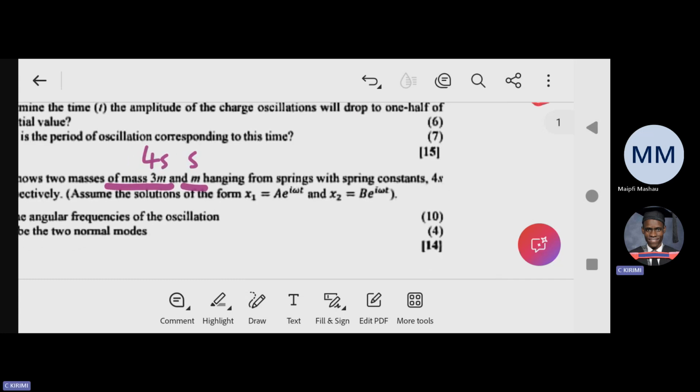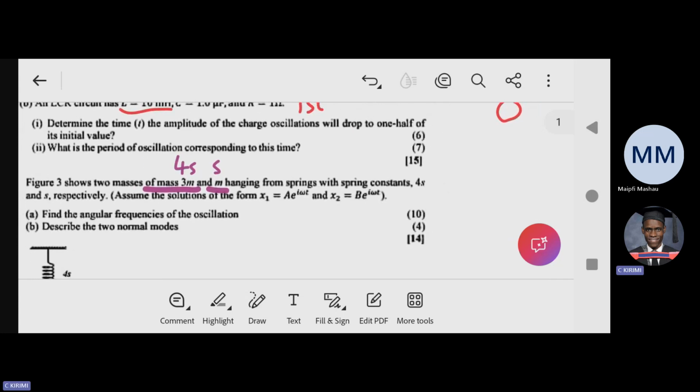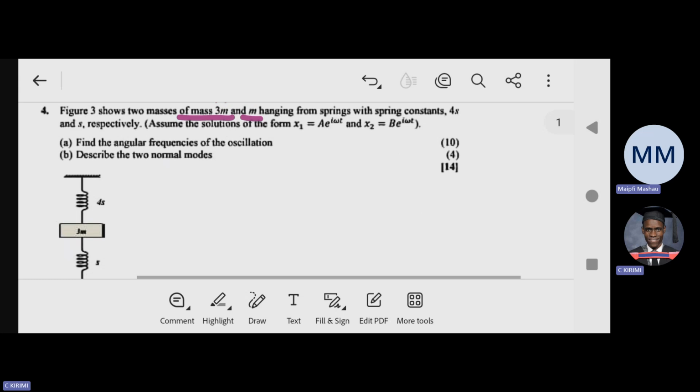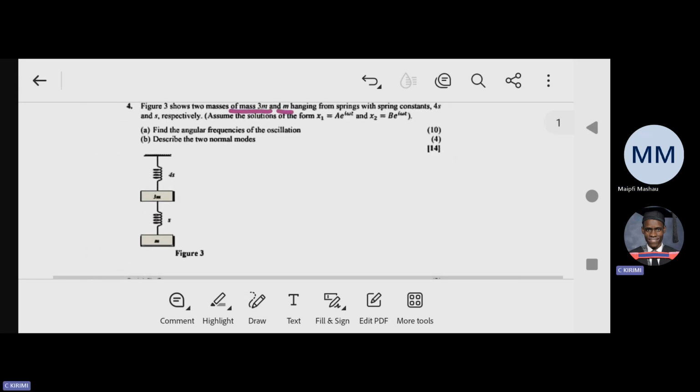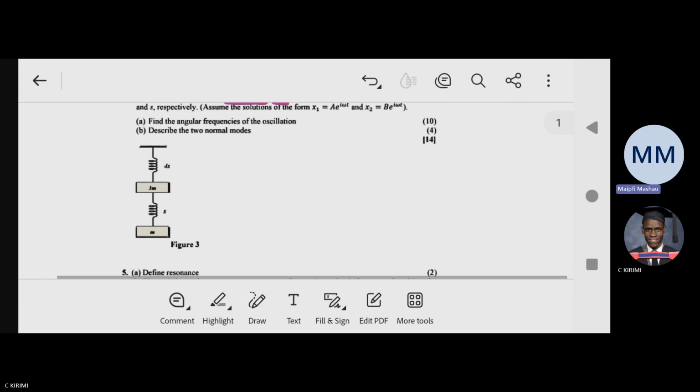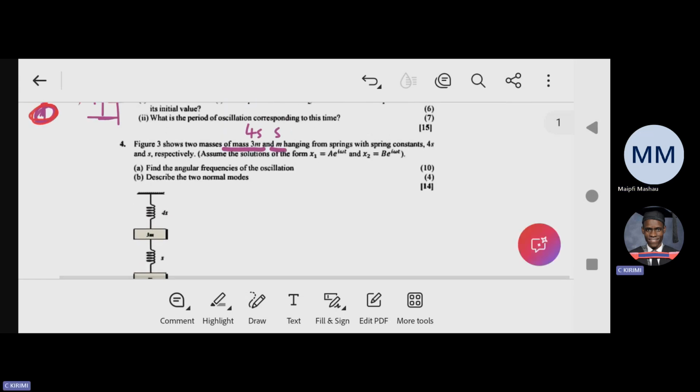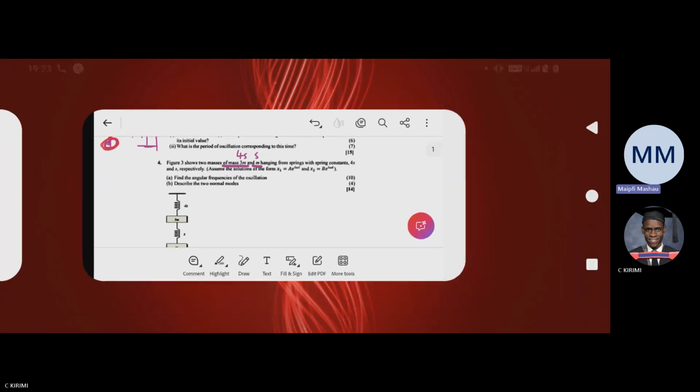So these are the solutions we have, x1 and x2. The question now says find the angular frequency of the oscillation and describe the 2 normal modes. You can see how many marks there: 10 and 14. It's a lot of marks.